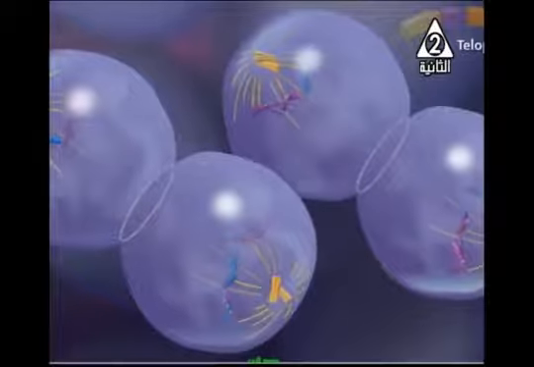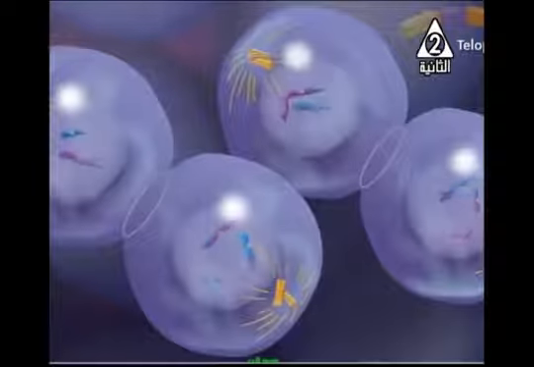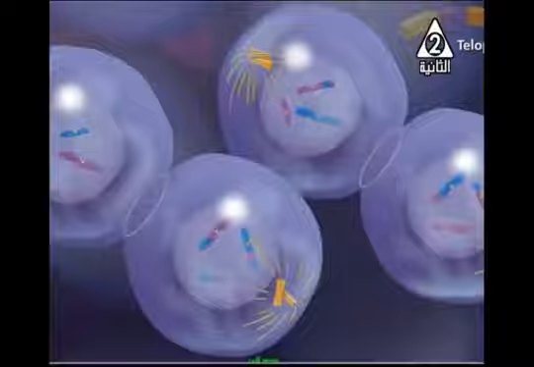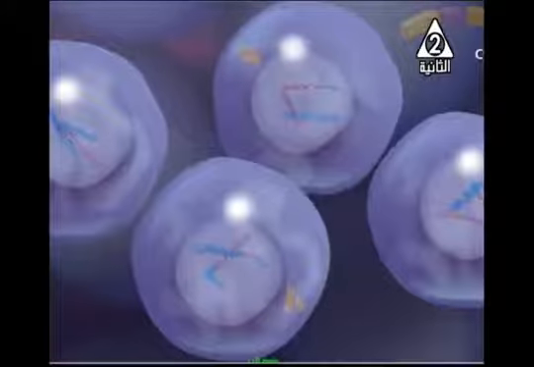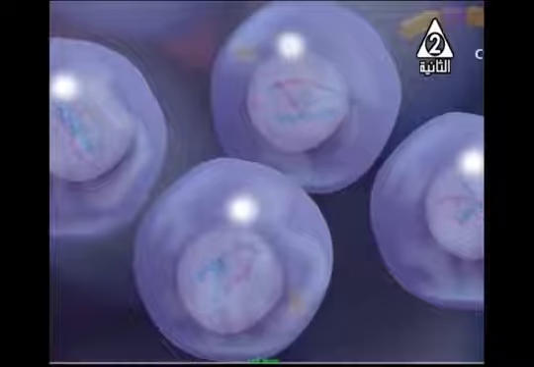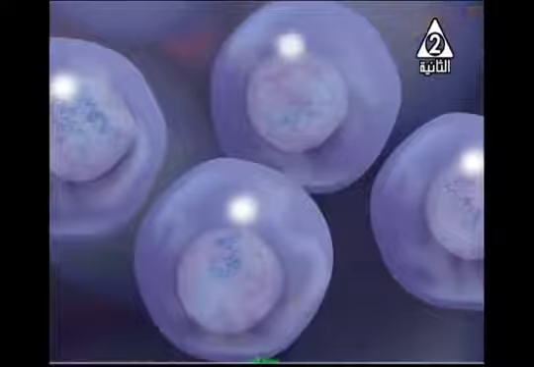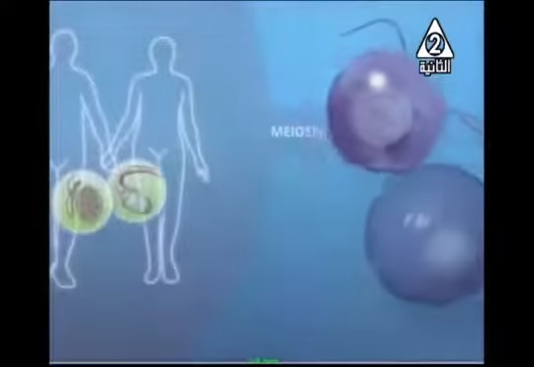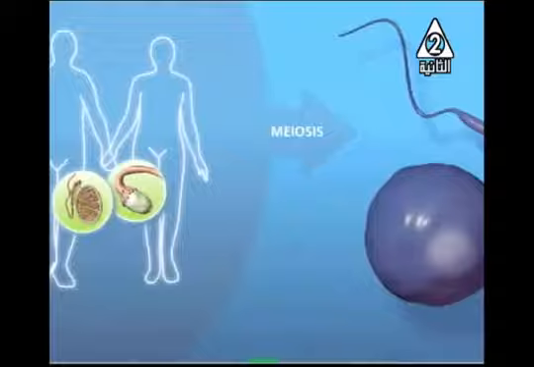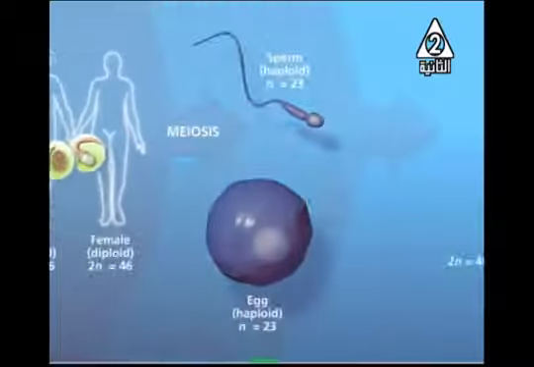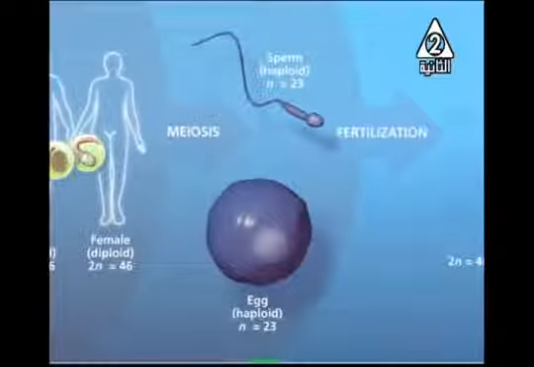Each chromatid migrates to the cell pole to form two sets of chromosomes and two identical nuclei. So at the end of the second meiotic division, there are 4 cells. These cells are the sperm and ovum.